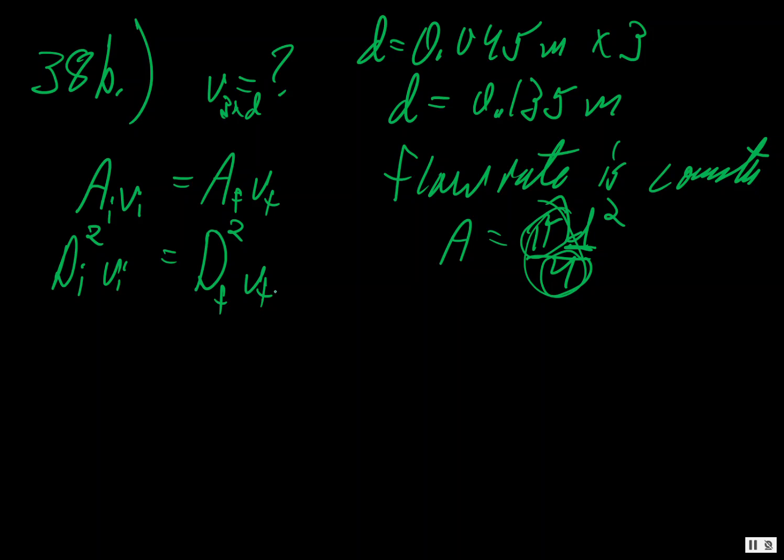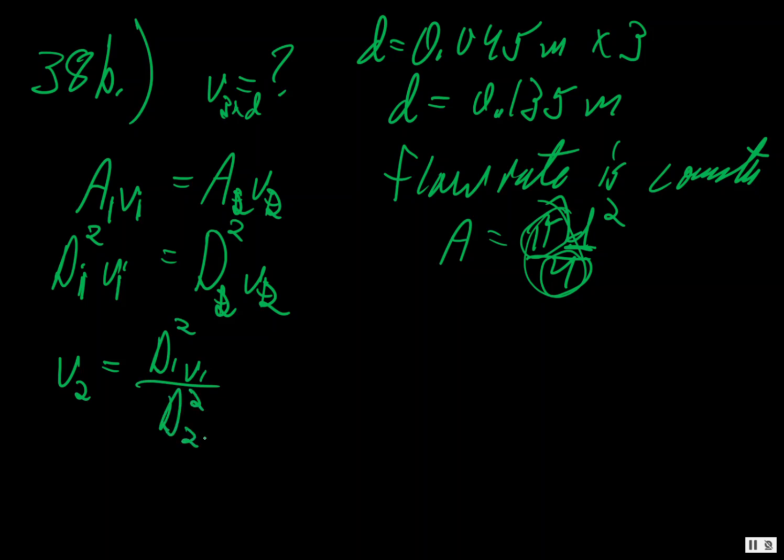So we're looking for what? The final or 2? Maybe I should have used 1 and 2. Keep everybody happy. 1 and 2. Does that make everybody happy? So then the velocity 2 is equal to what? Well, it's d1 v1, and that's squared, divided by d2 squared, right?